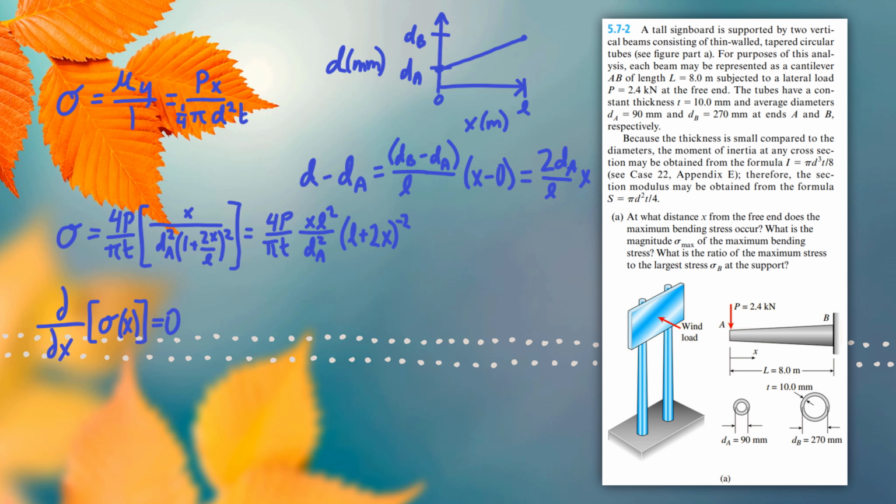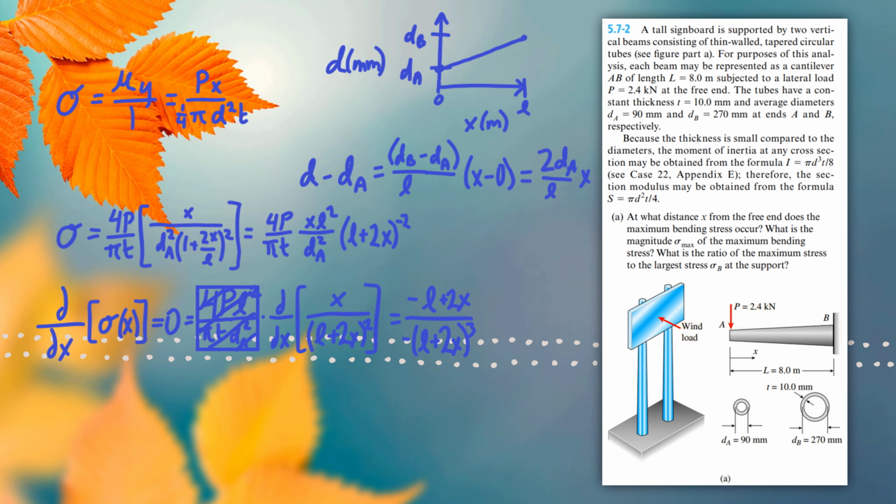So if I'm going to set my derivative to 0, I can pull out my constants, and conveniently, because my constants have no impact on locations, I can just delete those because you're going to divide by that anyways, and when we have a 0 on either side, it just vanishes. So we're getting a derivative of this nice little x over L plus 2x squared.